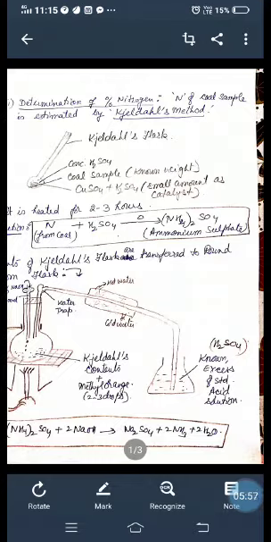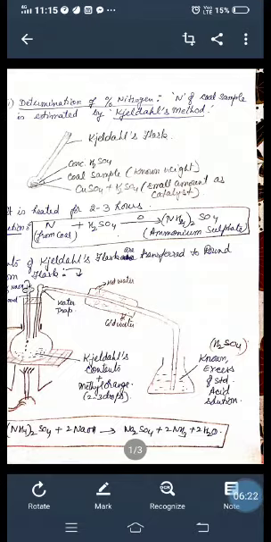Now what will happen when these ammonia vapors condense and get collected in H2SO4? Ammonia again reacts with H2SO4 to form ammonium sulfate. So ammonium sulfate, which was formed in the Kjeldahl flask, was converted to ammonia vapors, and now these ammonia vapors are converted back to ammonium sulfate.